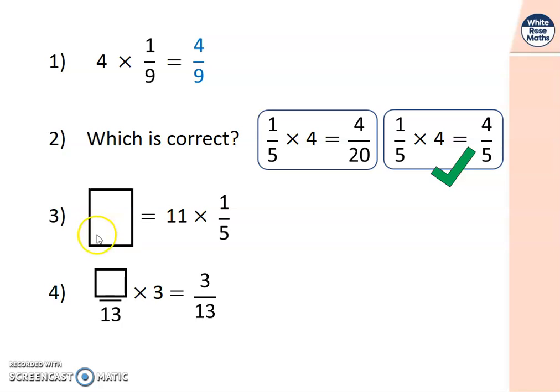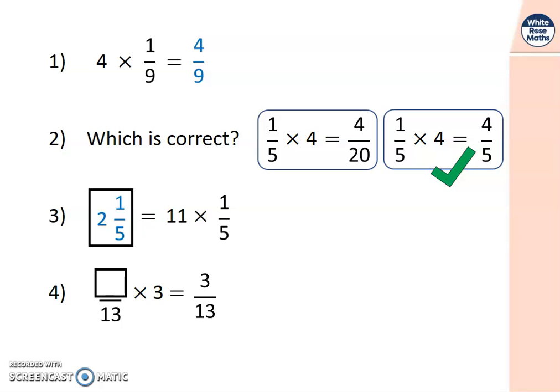This one, what is the answer to this calculation? 11 times 1/5. Think about what we remembered and learned here and here. 11 times 1 is 11, so 11/5. What would that be as a mixed number?